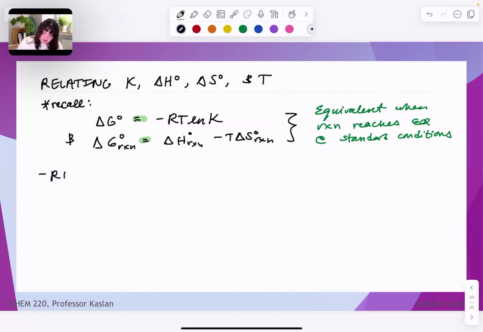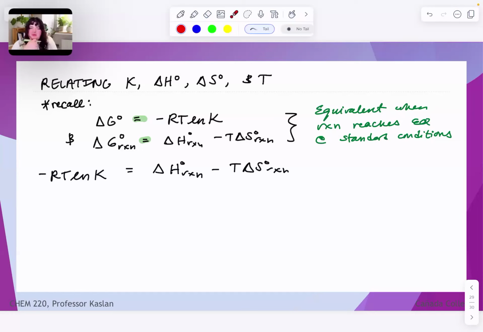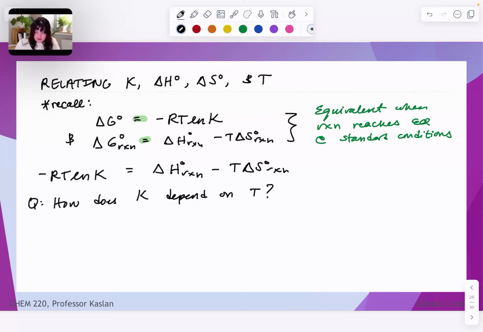Let's see what we get. We have negative RT ln K is equal to, so this was our first expression of our change in free energy, is equal to delta H reaction minus T delta S reaction. And again, chemists really like to have straight lines, right? We want a y equals mx plus b. So let's try to see if we can answer the question: how does K, the equilibrium constant, depend on temperature?